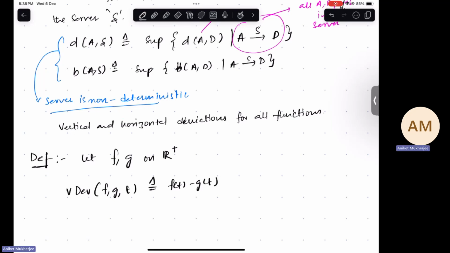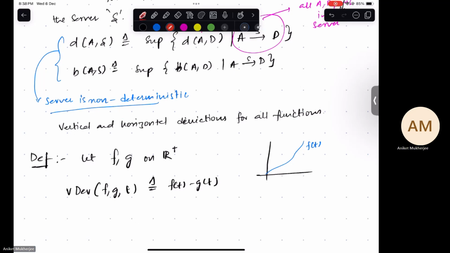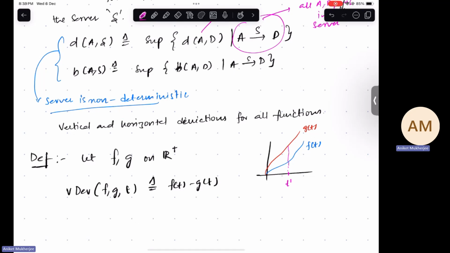What does this mean? If you have a function f of t, and a function g of t, and suppose this is t prime, the point at which you want to calculate the vertical deviation, then this is the vertical deviation.